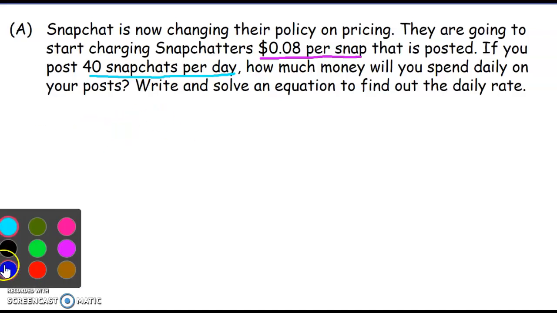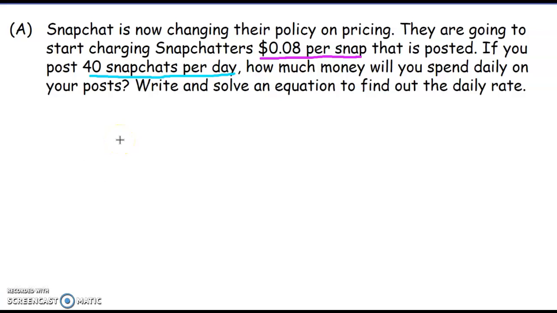Or, as most of you probably know, repeated addition is also known as multiplication. So I can take that 40 Snapchats per day that I am posting, and if I multiply it by the amount that each Snapchat is, it will give me the total amount that I'm paying for Snapchat. I'm going to call this X because I don't know what that is.